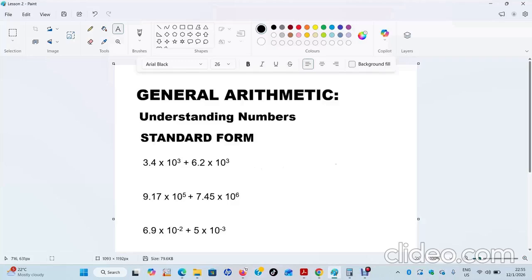We are continuing with our topic, standard form. For the sake of time, I won't explain concepts that were explained in the previous lesson. So today we are doing the addition and subtraction of numbers presented in standard form.